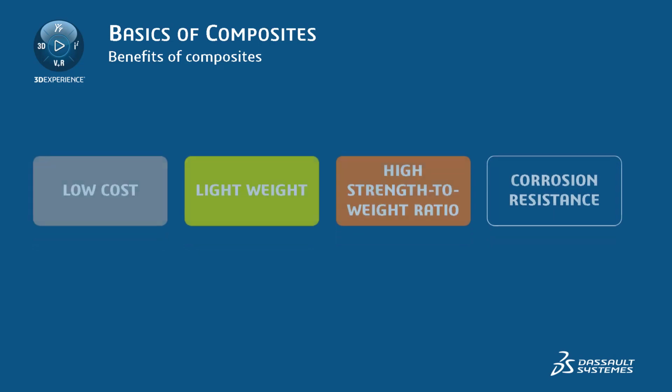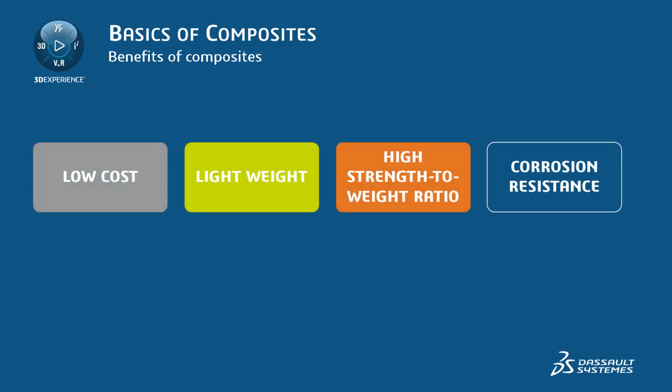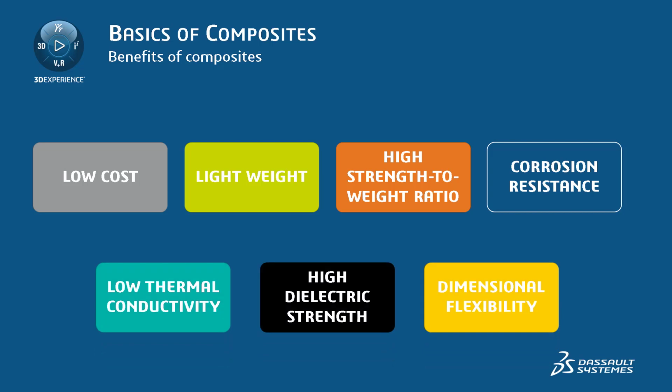The purpose of varying matrix and reinforcement properties is to create a material that can exhibit either low cost, low thermal conductivity, lightweight, high dielectric strength, high strength to weight ratio, dimensional flexibility, and corrosion resistance, or any combination of those properties. But there are also challenges with composites materials. One of the main drawbacks of composite materials is that they are not ductile and do not fail gradually.